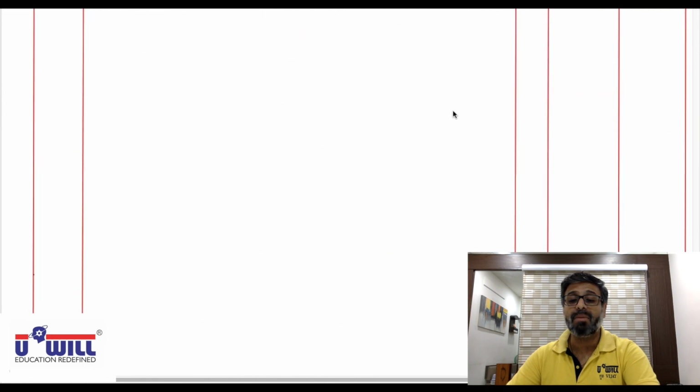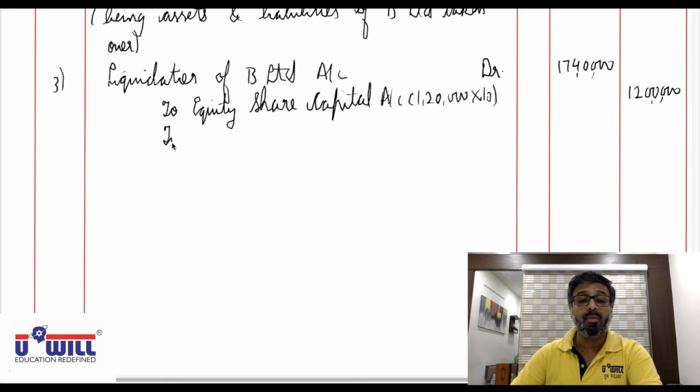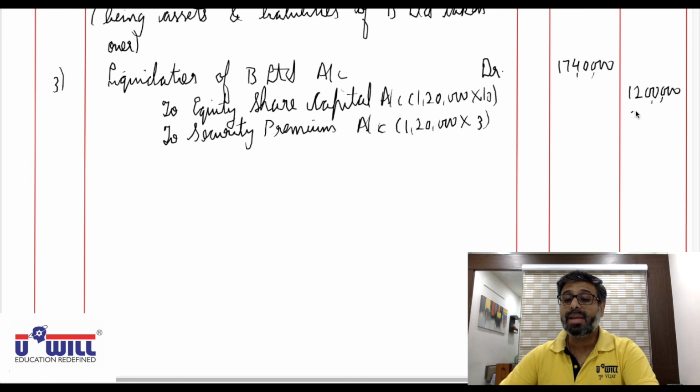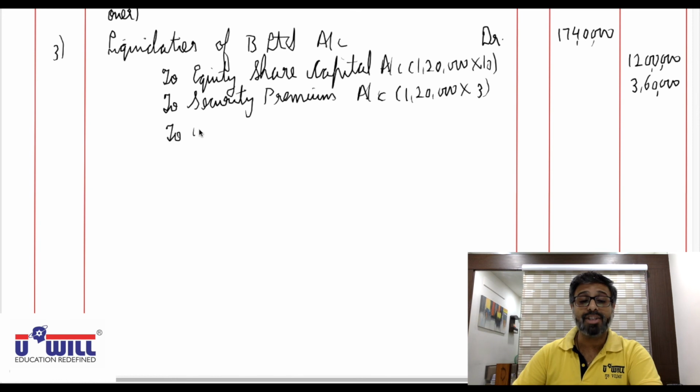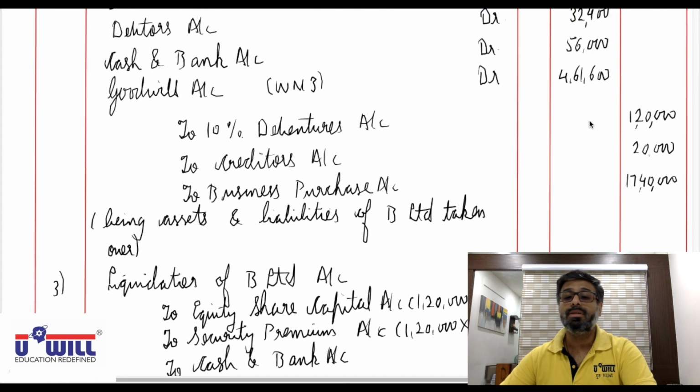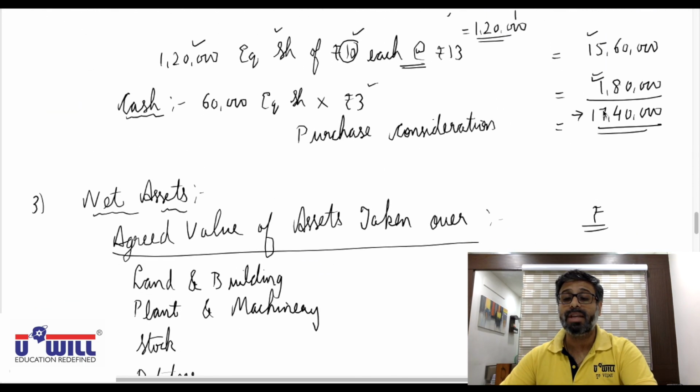So 3 rupees of premium on the same 1,20,000 shares, 3,60,000. And then cash is also paid. So cash goes out, credit cash and bank account 1,80,000. Okay, 1,80,000 is paid in the form of cash.